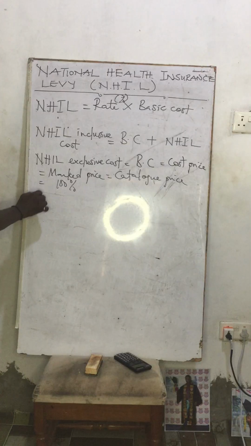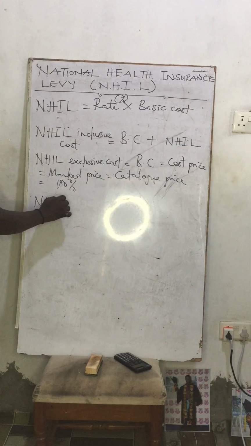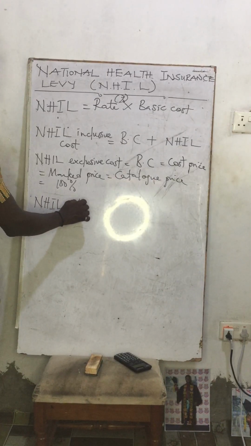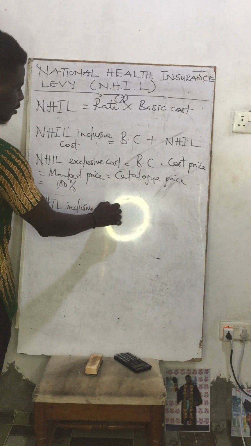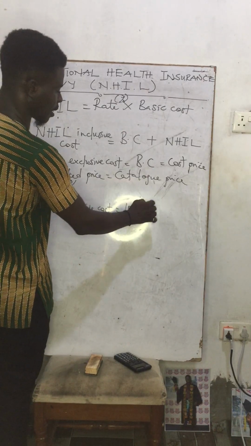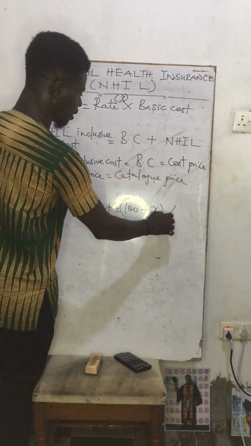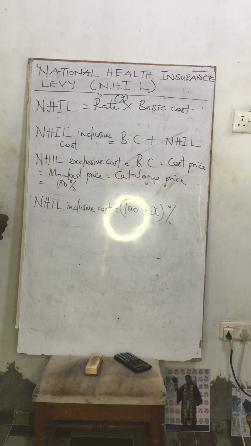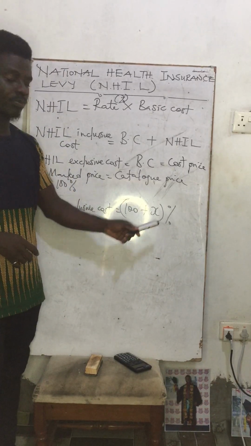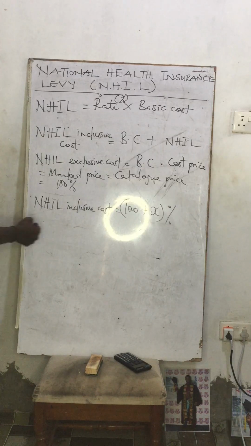Don't forget that the NHIL inclusive cost is equivalent to 100 plus X%, where X is the NHIL rate.